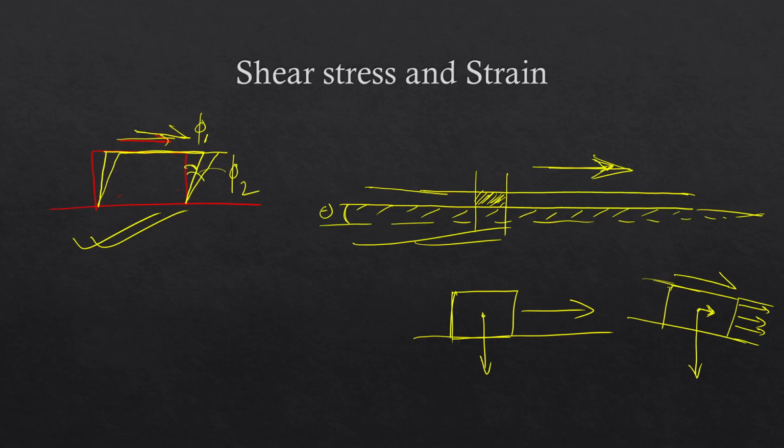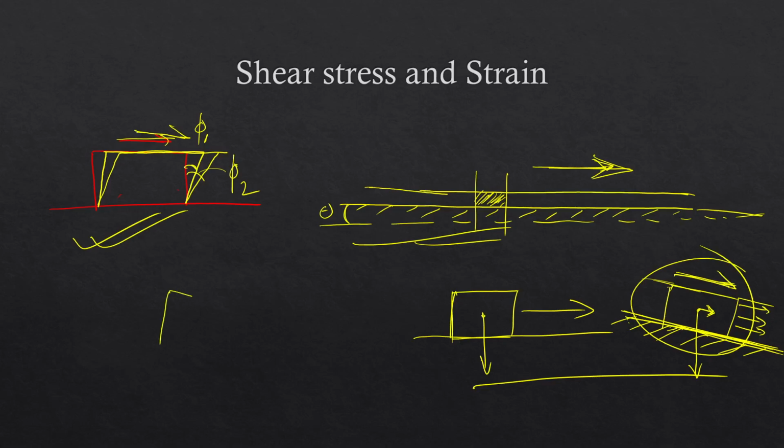But in case of a fluid here, even if the shear stress is not increased, we are only putting a constant amount of shear stress. That means the slope of the floor is fixed, so there is no change in inclination. Even then, this element, first suppose it was like this, then after some time it will take this kind of shape.